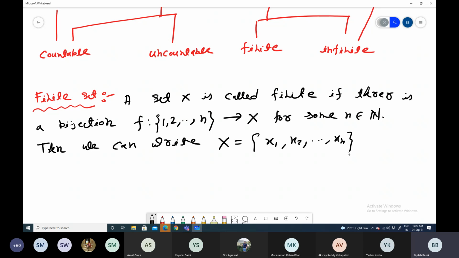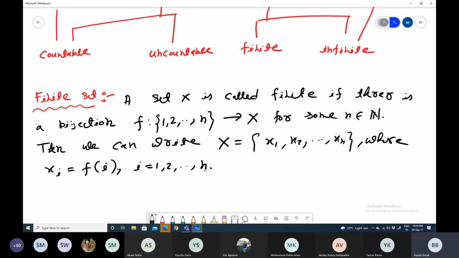So if X is a finite set, we can always list them as x1, x2 up to xn, where xi equals f of i, and i equals 1 up to n.